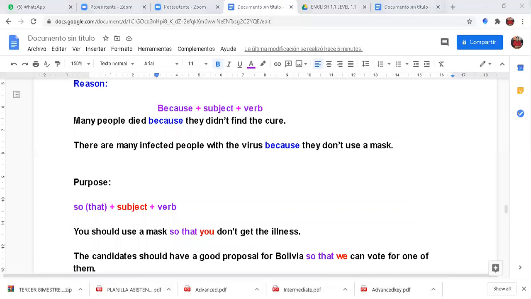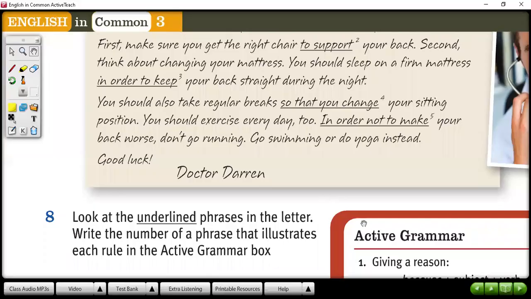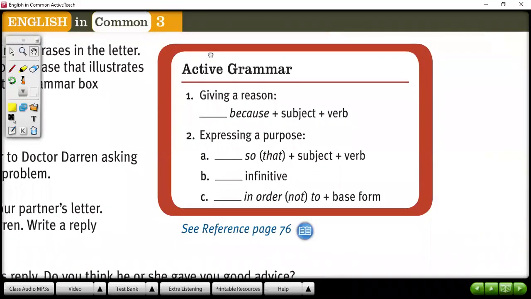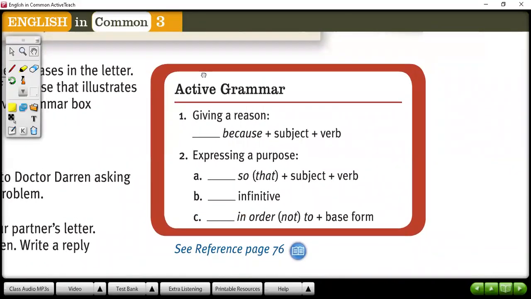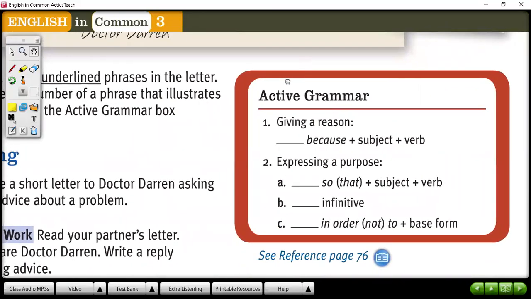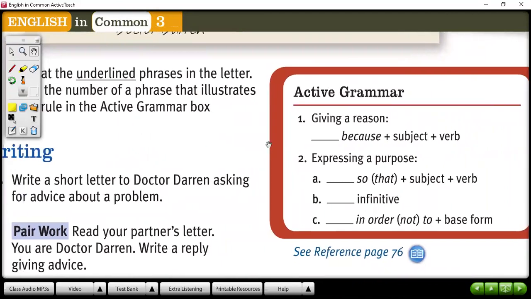What else? Yes, and we explained that. I hope it's clear, and if it's not clear, ask me and I will try to explain a little bit more, but I think it's clear. That is giving reason: because plus subject plus verb.